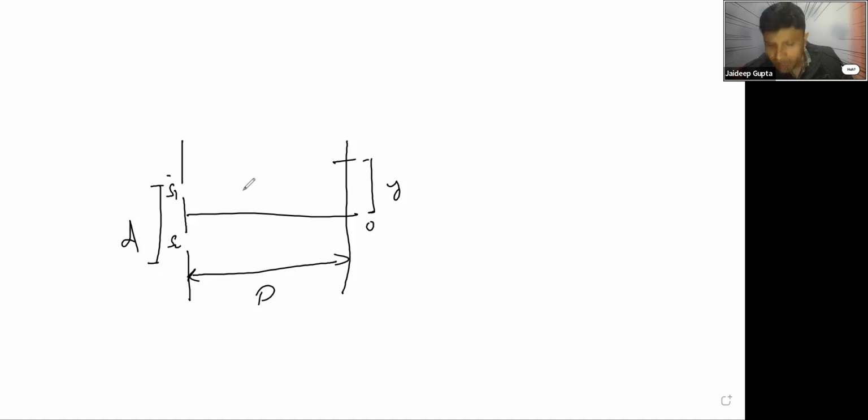First, if distance OP equals 1/3 of the fringe width of the pattern, show that the intensity at P will be I naught over 4.